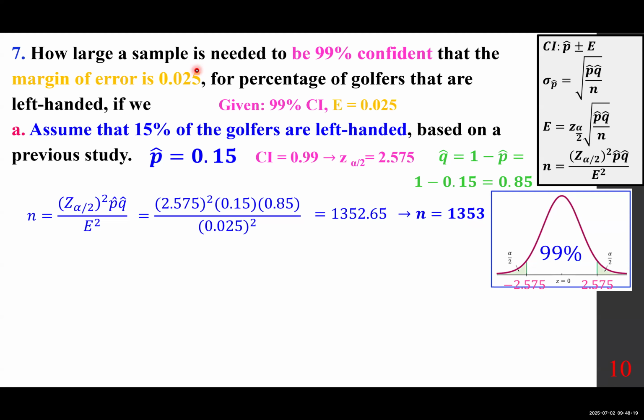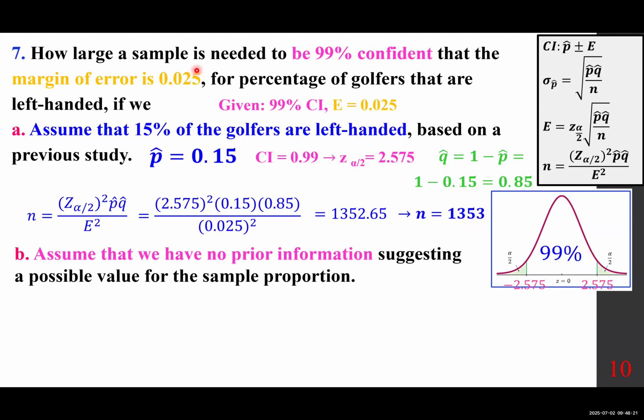Now, same question, part B, assume that we have no prior information. See, part A says P hat is 0.15. Part B says we don't know about P hat, no prior information, suggesting a possible value for the sample proportion. When that happens, class, we use the most conservative estimate. That means we don't know P hat and Q hat.